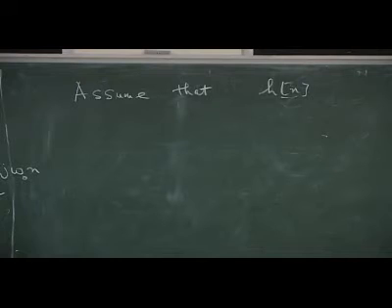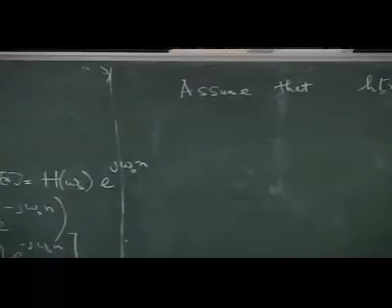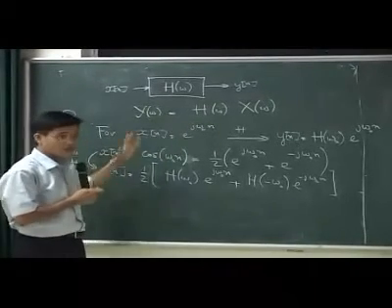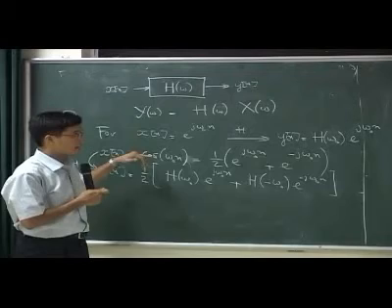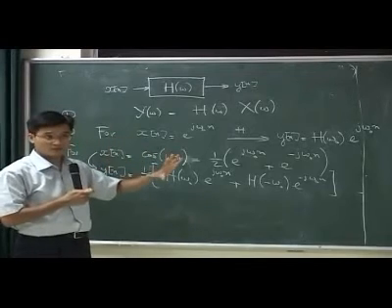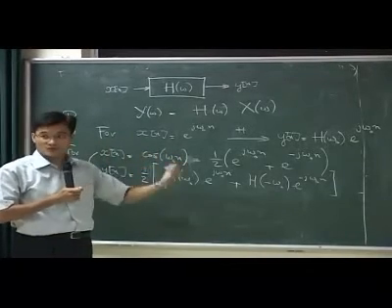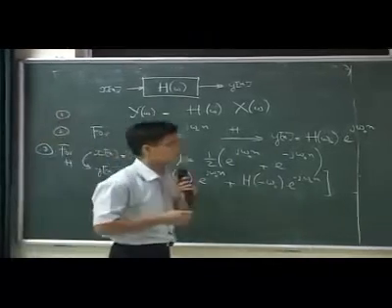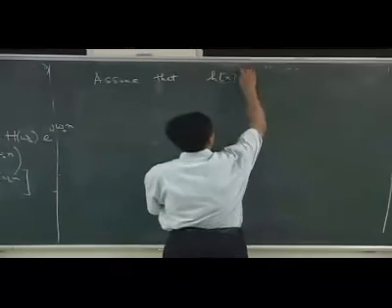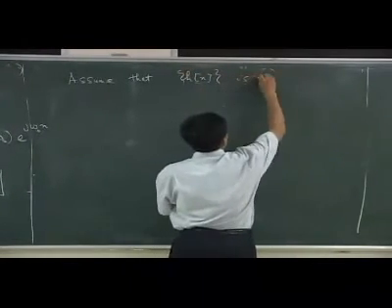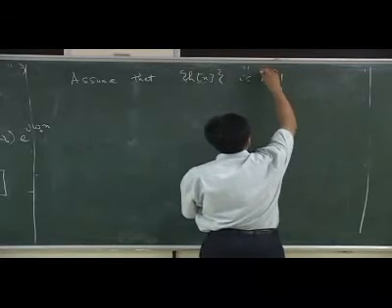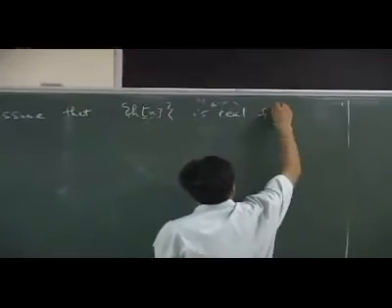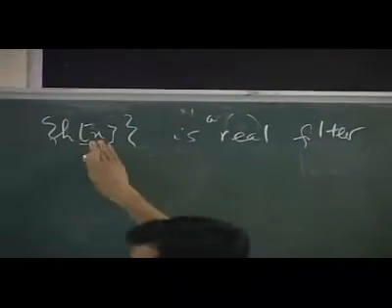But now I want to look at something more realistic, something that the signal, when we collect it, is a real signal. So this is a real signal, and I assume that the filter is also real. So then the output is also a real signal, and I want to see what that real output looks like. So assume that h[n] is a real filter. That means each of these numbers is real.